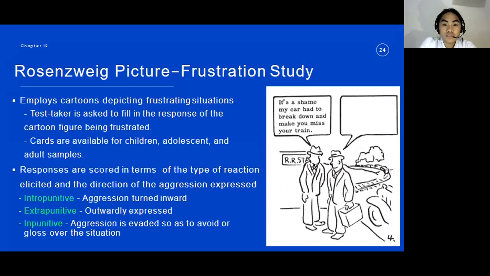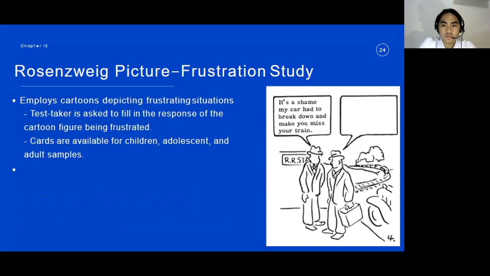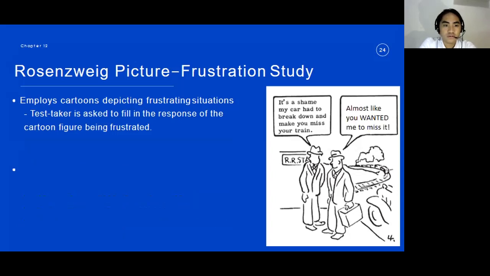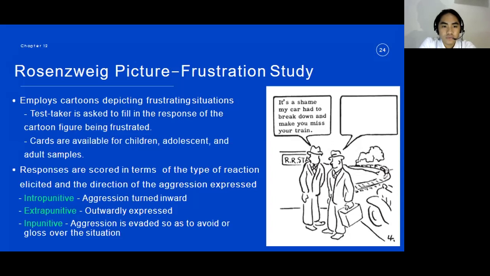So responses are scored in terms of the type of reaction elicited and the direction of the aggression expressed. So do I turn it inwards towards me? Like, I'm so silly, I should have left earlier, it's all my fault. Or do they turn it outwards, like this one here, but doing it in a passive aggressive way.